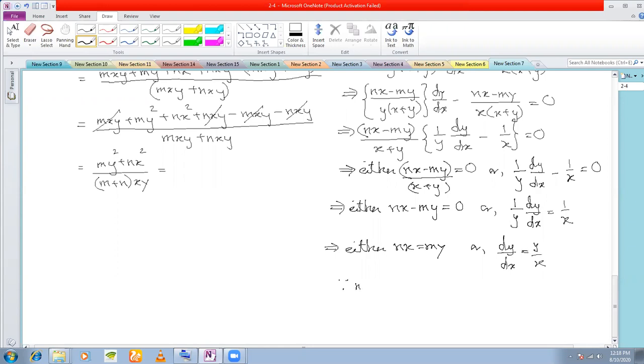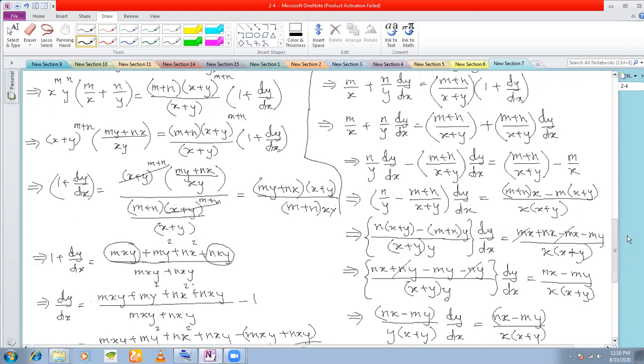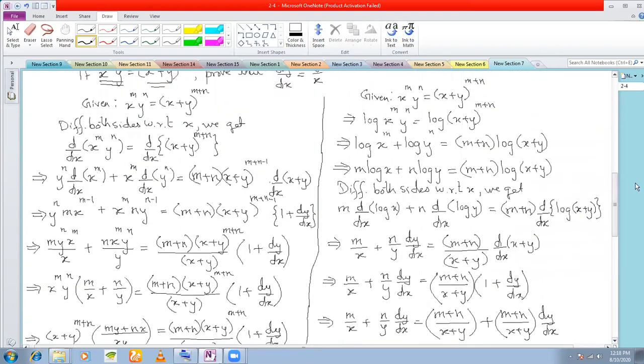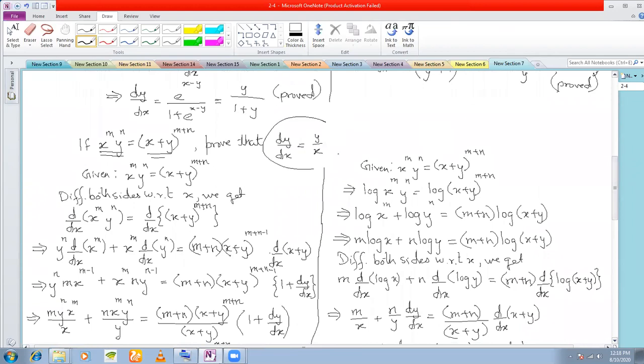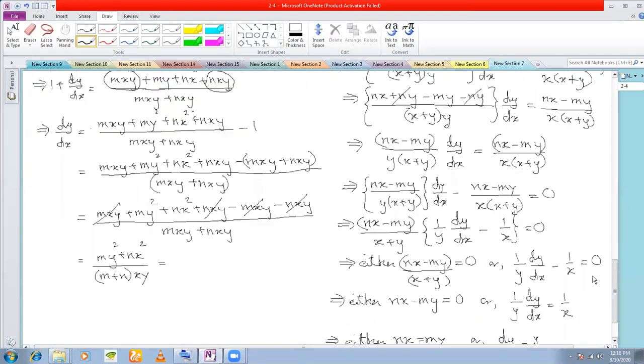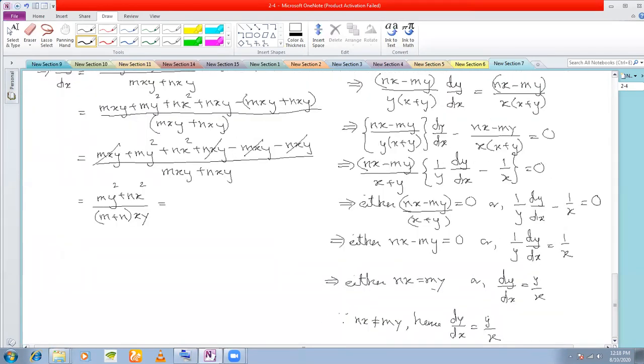Since nx is not equal to my, hence dy/dx is equal to y by x, which is the required proof. You needed to prove that dy/dx is equal to y by x. Clear or not? Yes, sir.